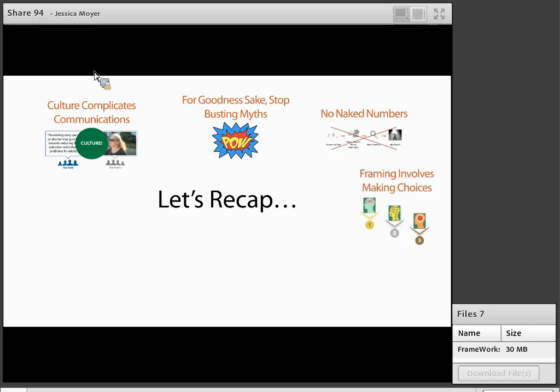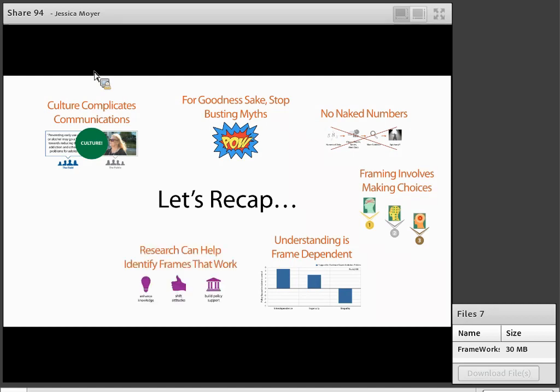Framing involves making choices, and we'll be talking lots more about how to be strategic in the choices that you're making, how to be aware that you're making choices in the first place and make ones with intention and with a base of empirical evidence to support those choices as well. Understanding is frame dependent, just recognizing that how you frame your communications has real implications for how your audience will understand them.